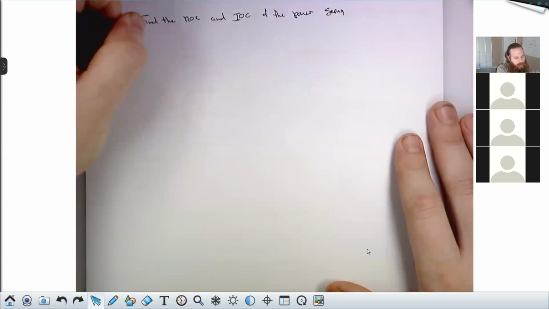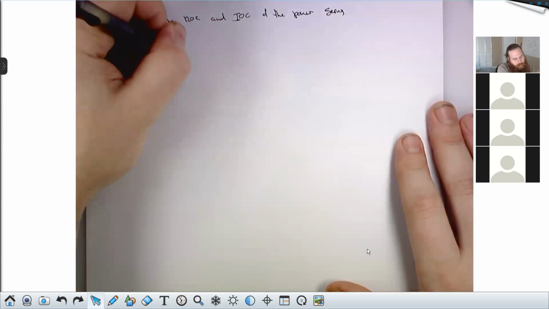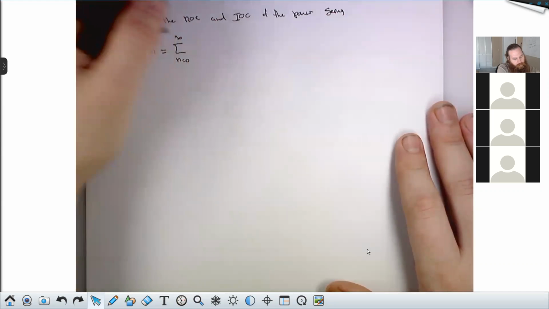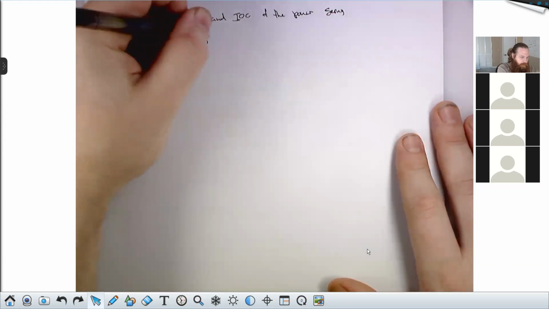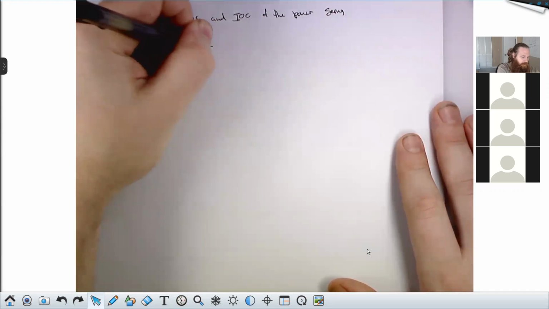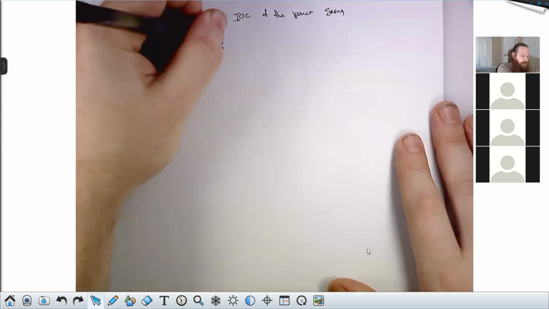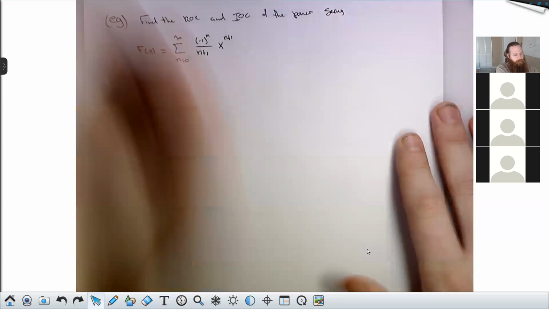Call it capital F of x equals sigma n from 0 to infinity, negative 1 to the n over n plus 1 times x to the n plus 1.